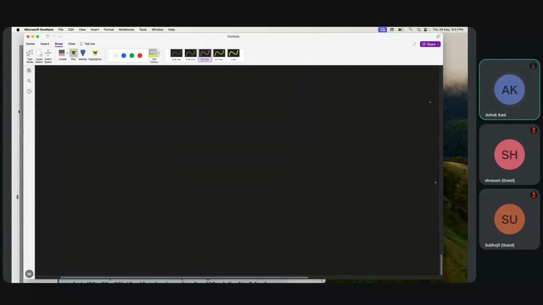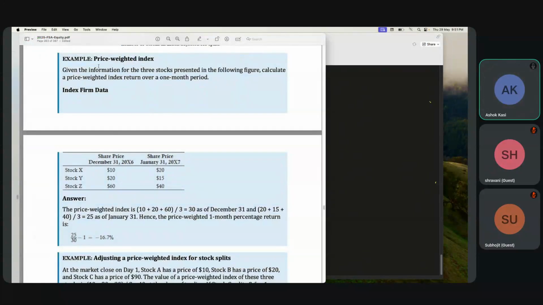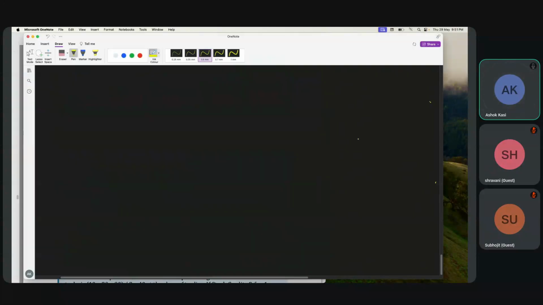Similarly, abroad we have other indices. There is one index called Dow Jones in the US. It is also called DJIA, that means Dow Jones Industrial Average. These are two technical analysts, respecting them this index was formed. This index is popular in the US.